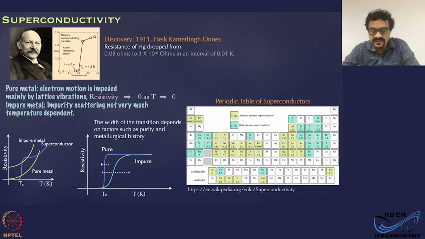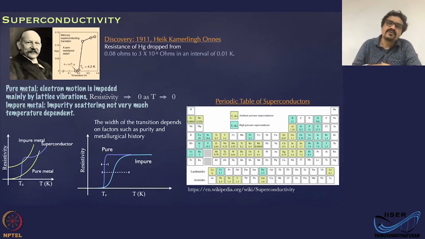It was discovered in 1911 by Kamerlingh Onnes, where he observed the resistance of mercury dropped from a few milliohms to almost zero, like a few microohms, which is probably the measuring limit of that measuring equipment, in an interval of like 10 millikelvin.